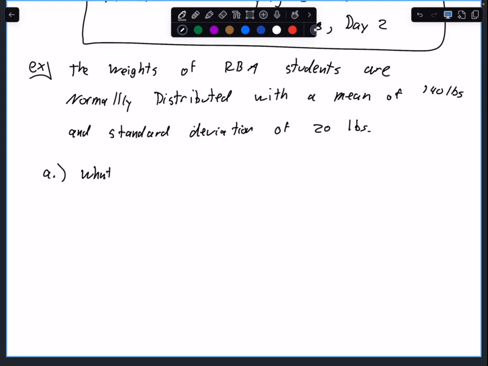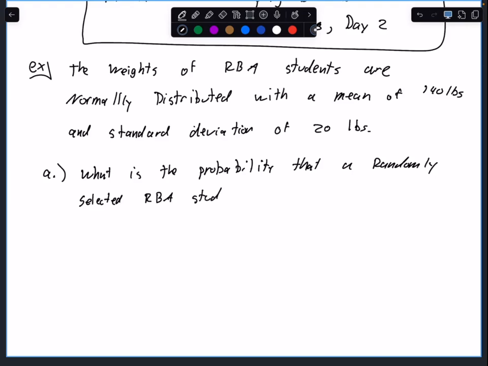What is the probability that a randomly selected RBA student weighs more than 125 pounds?